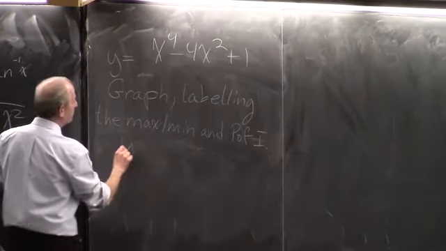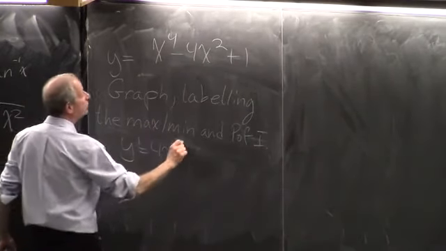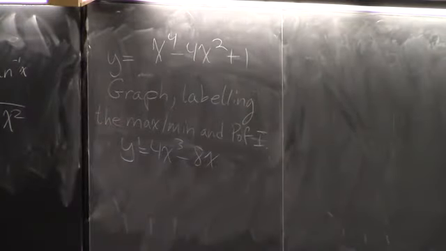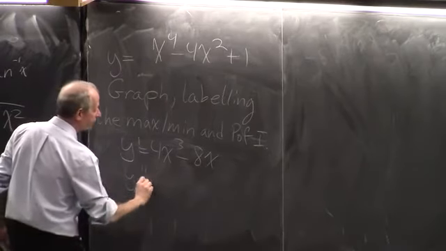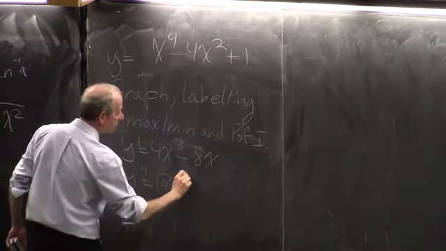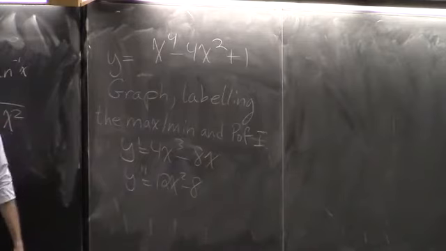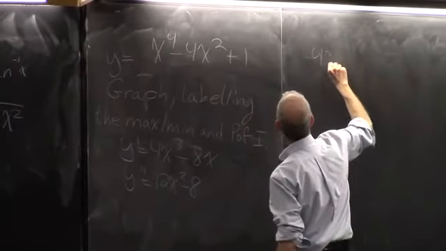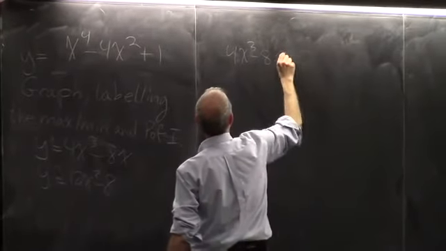Let's take the derivative. So y prime is 4x cubed minus 8x, and y double prime is 12x squared minus 8. So we set these equal to 0. 4x cubed minus 8x equals 0.